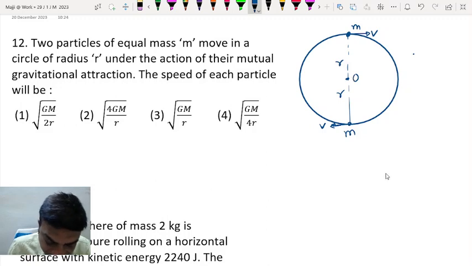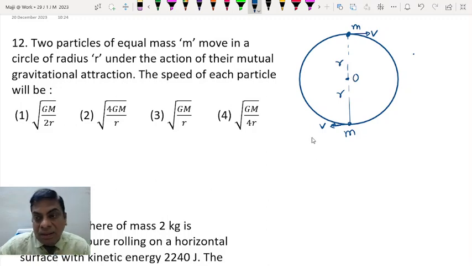This much is given. Now we'll be applying the simplest concept applied in any circular motion, known as the law of circular dynamics, which states that the net force acting towards the center on the particle should provide the required centripetal force for the particle to go along the circle.